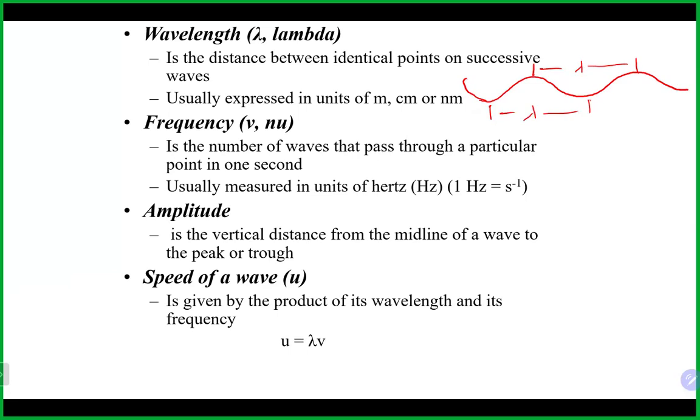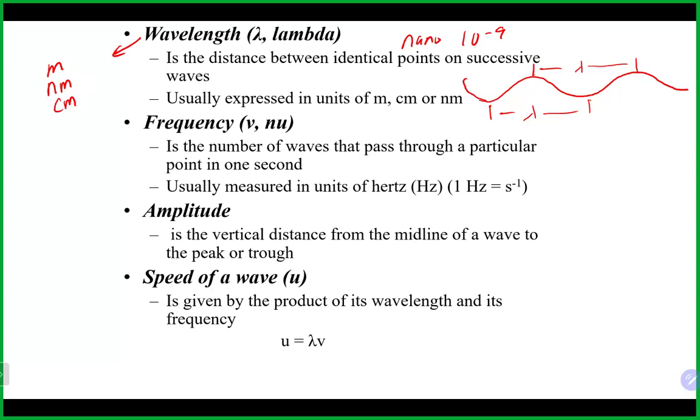Wavelength is typically given in meters, though nanometers and centimeters are also common units. Remember that nano is 10 to the minus 9, a very common conversion used with wavelength.